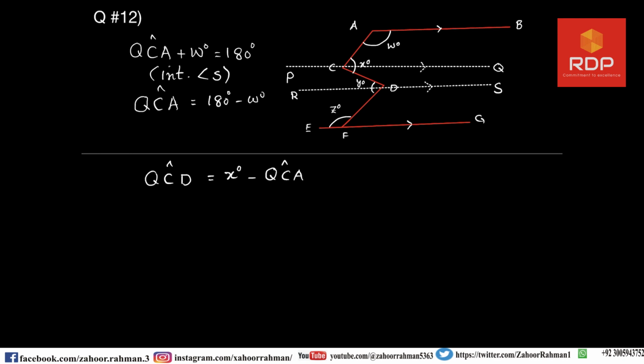Now we have to put the value x degree minus QCA, as we found it to be 180 minus W degree. So now we are multiplying this negative sign with 180 and with W as well. So it means that we are getting now this situation.